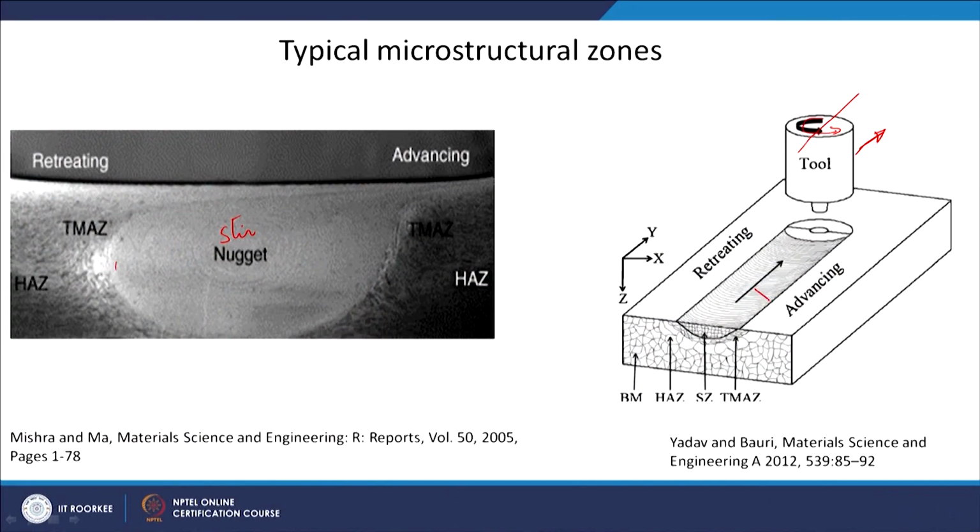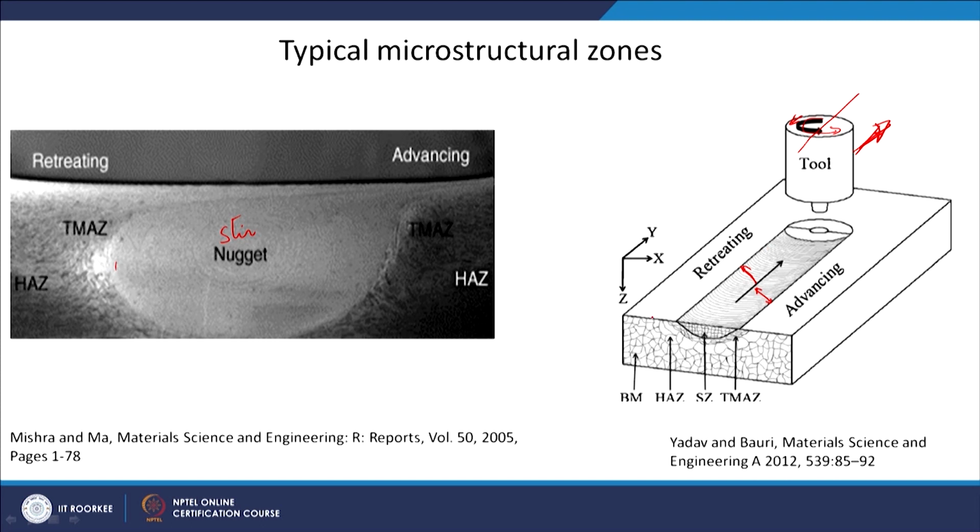If I take this as the center line, on this side my rotation direction and my traverse direction are in the same direction, so I will call this the advancing side. On the other side, the tool rotation is in this direction while the traverse speed still remains in the same direction. So the tool rotation and the traverse speed are now in opposite directions, and this part of the process zone I will call the retreating side.